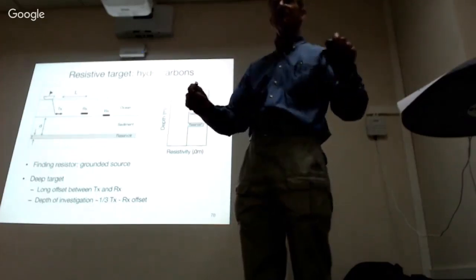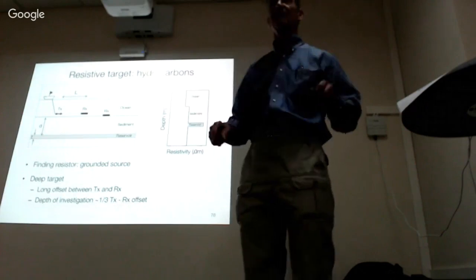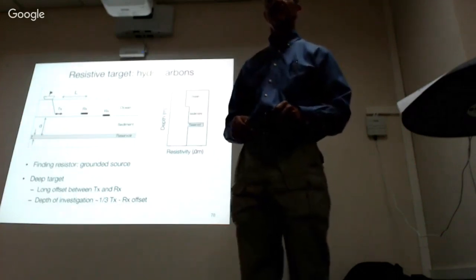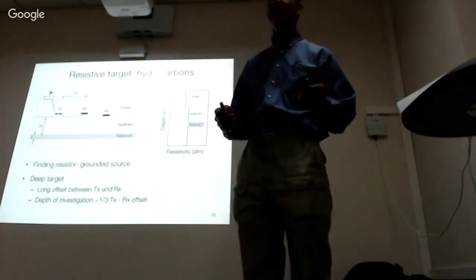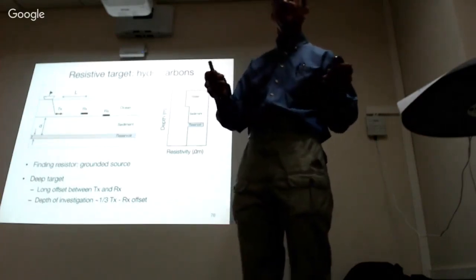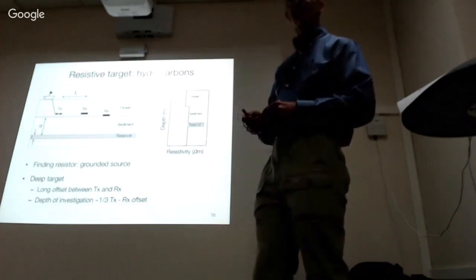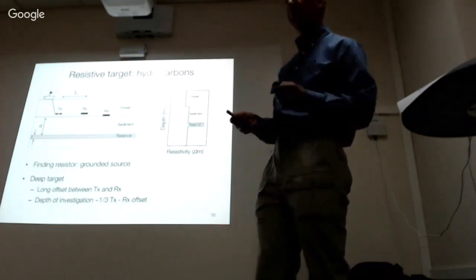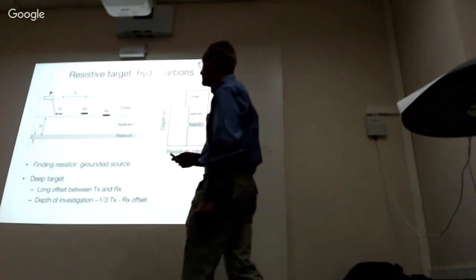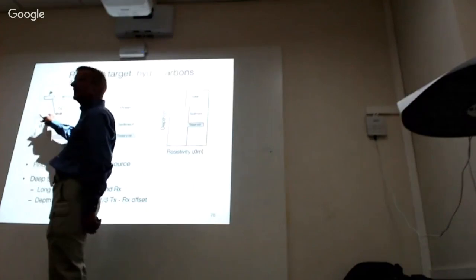So the very first thing that you think about if somebody says, I'm looking for a resistive target, is probably not an active source, although that's a bit dramatic. But your first choice would be, can we make a galvanic source work? So let's see if we can make a galvanic source work. What we need is a transmitter.